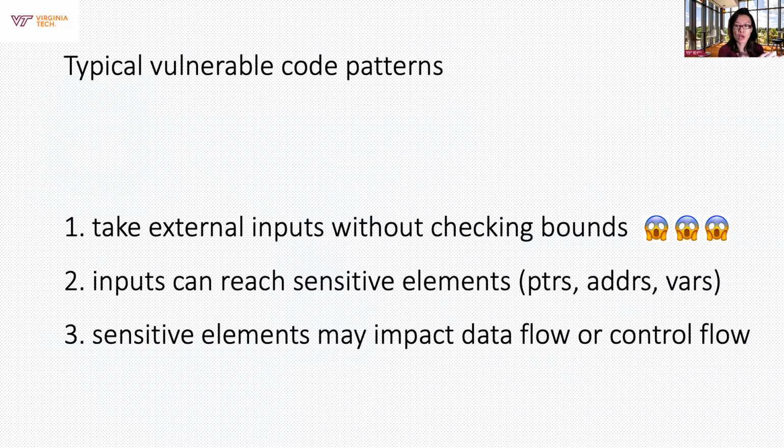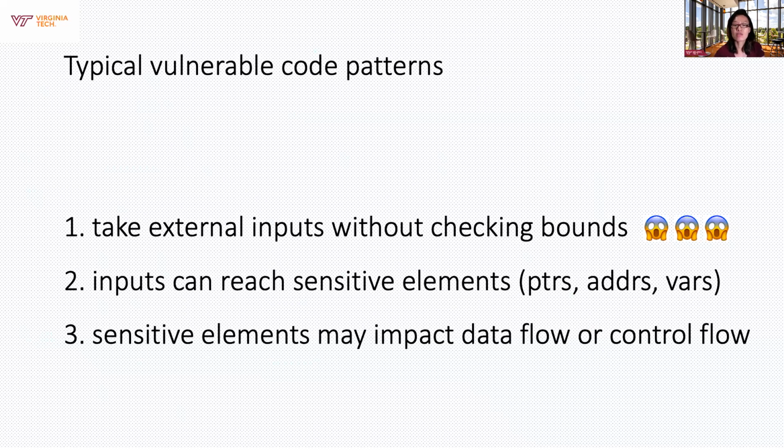And last time we also talked about how sometimes one bad apple is probably not very useful for an attack, but if you have external input without boundary checking, and this input can reach sensitive elements, it can overwrite pointers, addresses, and data variables. Last time we talked about the authentication flag, those important flags.